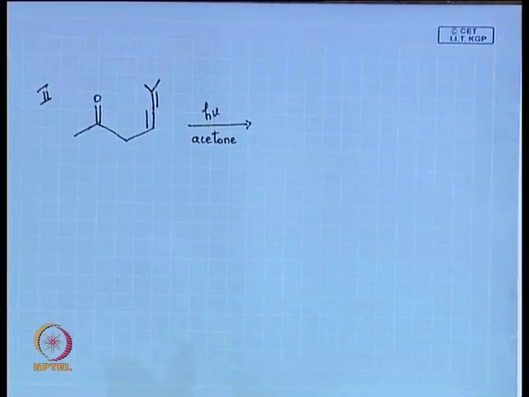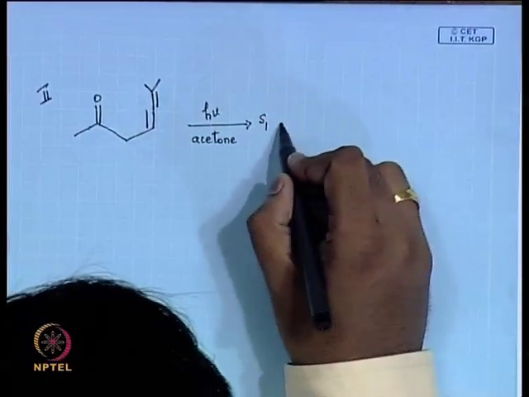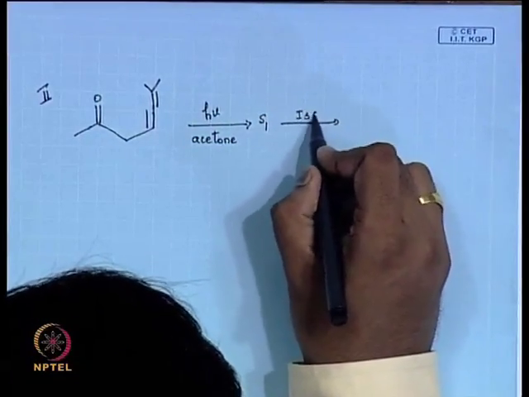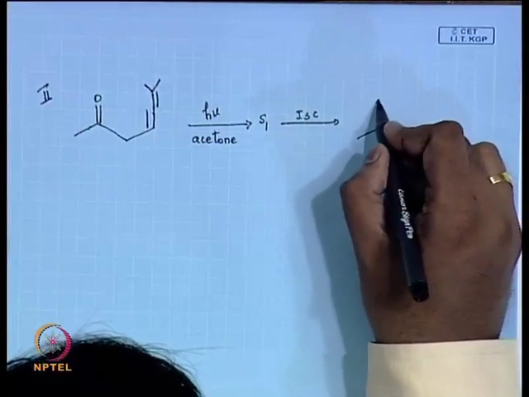In acetone, I am doing the photolysis. So, what can you think about? It goes to S1, then undergoes intersystem crossing, that is fine. So, you get a triplet radical. How does that look? S1, ISC, gives you O dot.